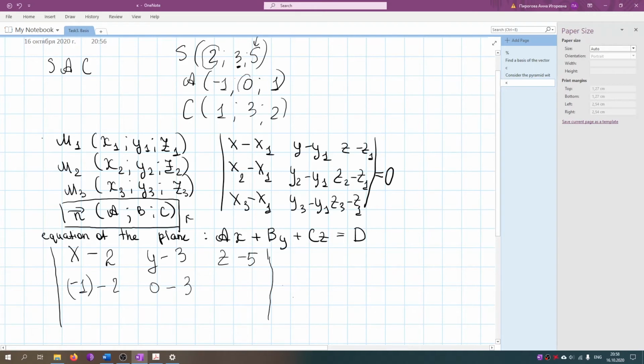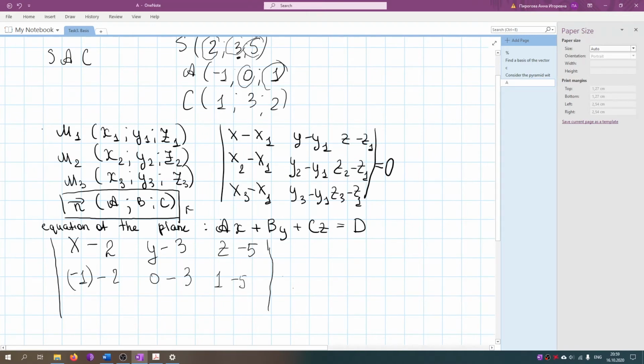Here, 0 minus 3. z2 minus z1, it will be 1 minus 5. 1 minus 5.